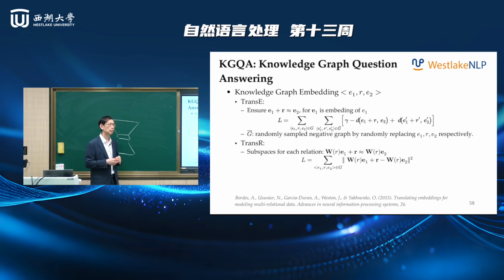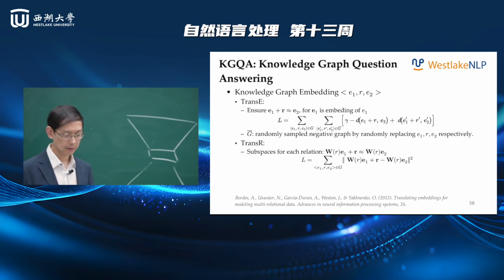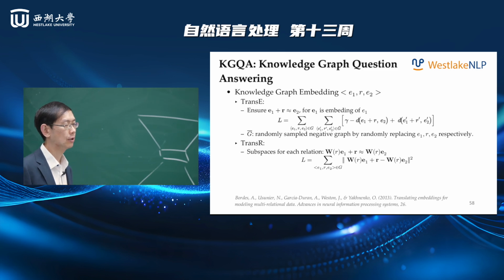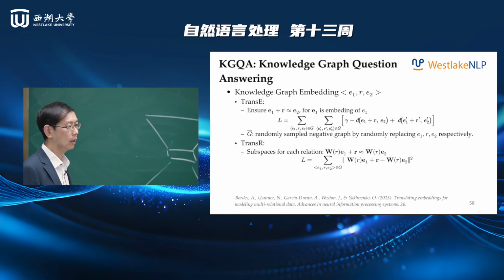Then I do the same objective: I use the embedding of E1 plus R to predict the embedding of E2. So the projection of E1 plus R is equal to the projection of E2. There are, of course, many alternatives, and I don't have to introduce them in one class.